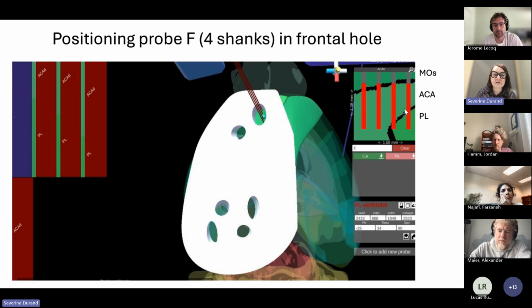Yes, Alexander? I'm wondering if it wouldn't make more sense to put the 4 shanks in V1, since it's the back of the brain that has columnar organization, particularly orientation columns, so we can see how they might interact. The other thing that might be nice about having 4 shanks is that you can move from 2-dimensional current source density (CSD) to 3D CSD.